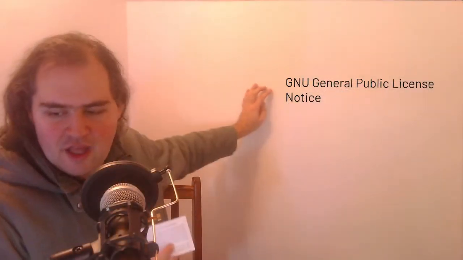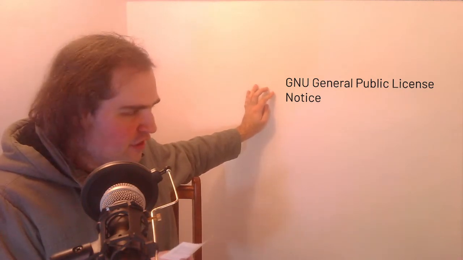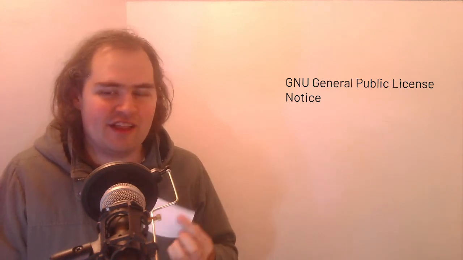So this slip of paper that came inside the box, on top of it, it says GNU General Public License Notice. And what this is, it's basically a kind of declaration by the company that made my network router saying that the software that went into their device wasn't actually their software.